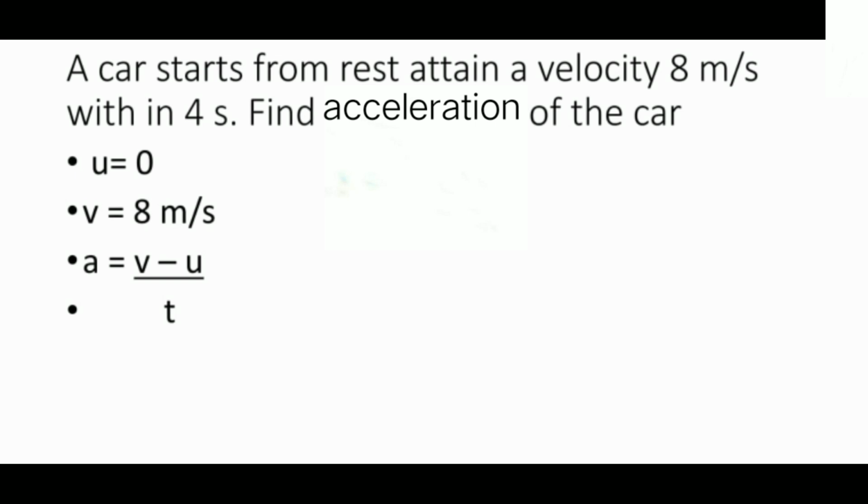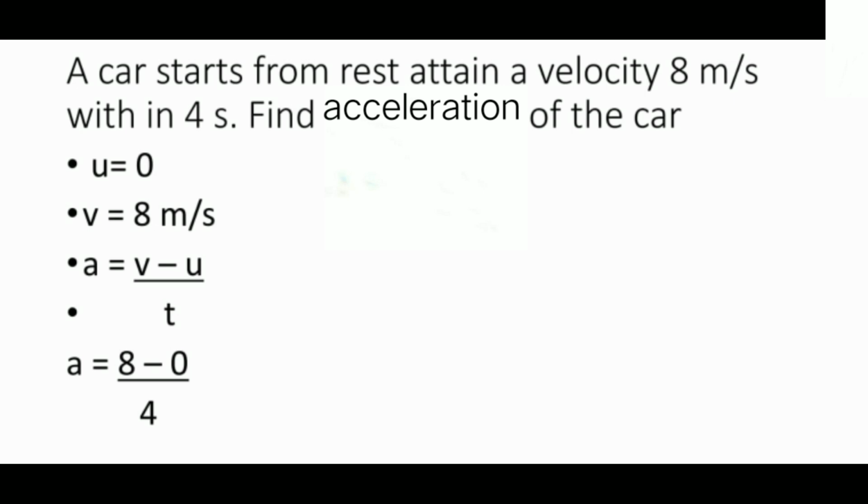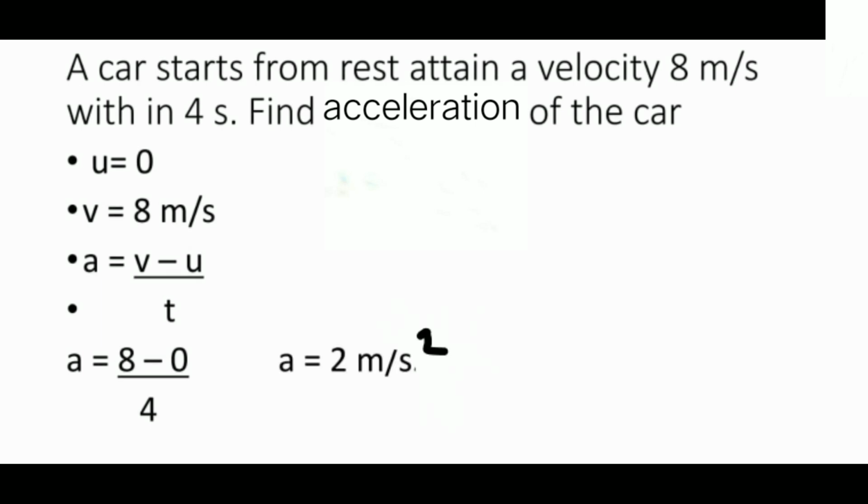We obtain 8 minus 0 divided by 4. 8 minus 0 equals 8. Therefore, a equals 8 by 4, which is 2 meter per second square. Therefore, the acceleration of the car is 2 meter per second square. Okay, thank you.